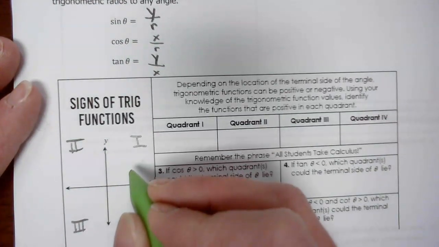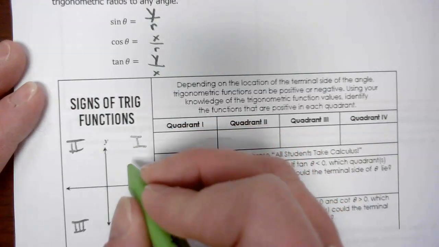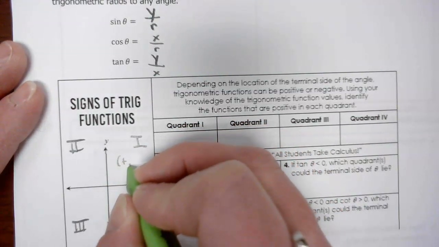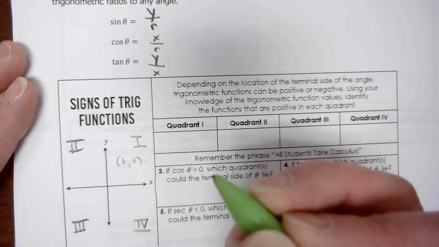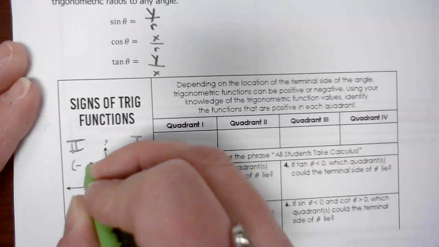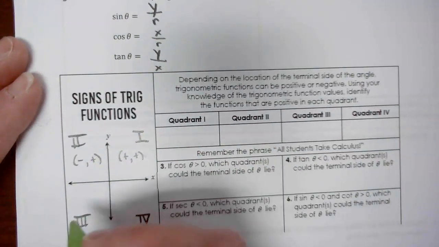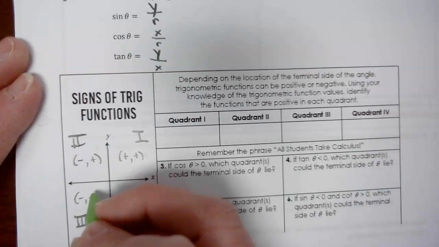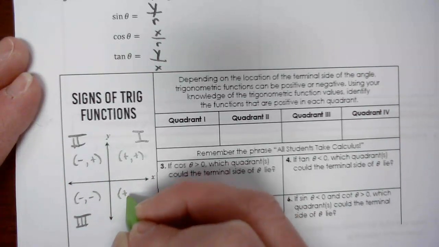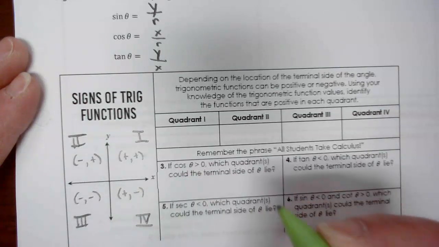In quadrant 1, our values, so our x and our y, are positive and positive. Over here, the x values are negative, the y values are positive. Down here, they're both negative. And in the fourth quadrant, x values are positive and y values are negative.